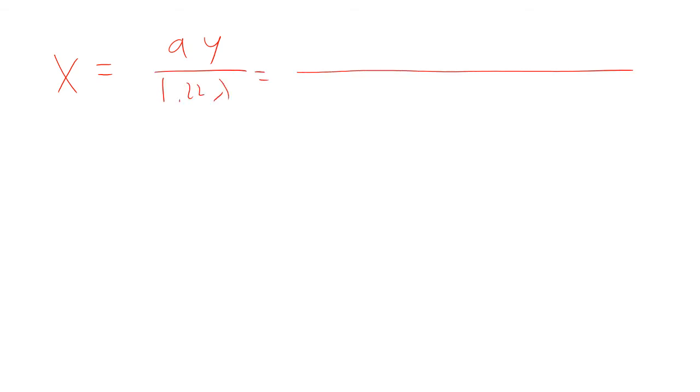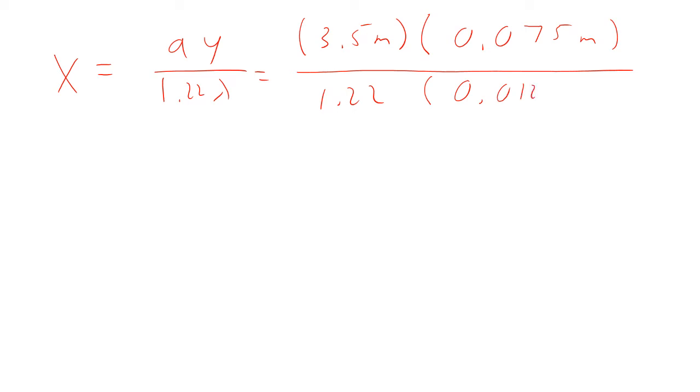And so now x is going to be equal to a y over 1.22 lambda. So a, the separation of the vehicles, is 3.5 meters. The aperture was 0.075 meters, 1.22, and the lambda was 0.012 meters.